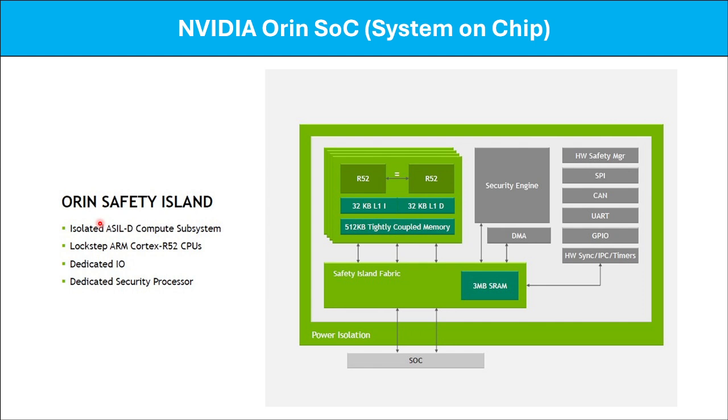Also, on the Versal chip, we see that it's ASIL D capable. So we see that this is a chip meant to be used in the automotive industry. Lockstep ARM Cortex R52 CPUs. How many of them?